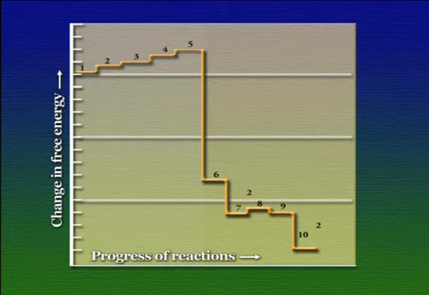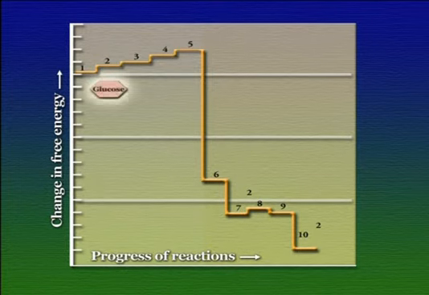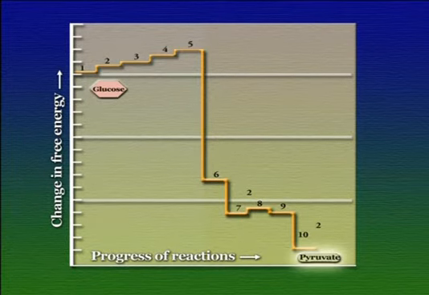Now, one thing we do know about what this graph would look like is that the very beginning of the pathway, the molecule glucose, would be at a relatively high energy level as compared to the very end of the pathway, the molecule pyruvate. We know this because the pathways associated with glycolysis are in aggregate exergonic; we are giving up energy by breaking glucose down into the 3-carbon pyruvate molecule.